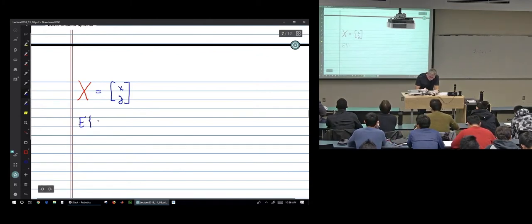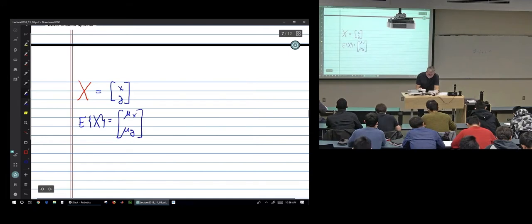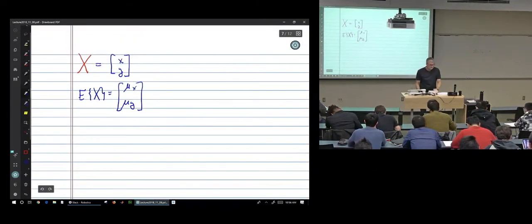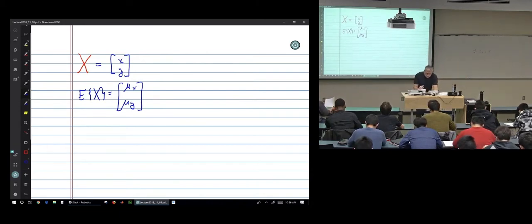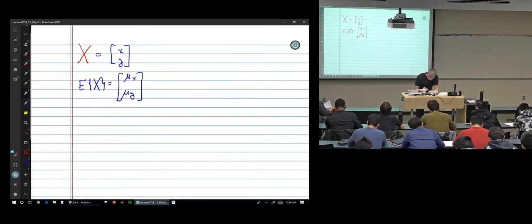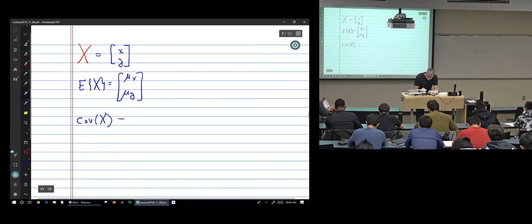So the expected value of this great big X, that's easy. That's the mean of x and the mean of y. Now, what is the covariance of this random vector?